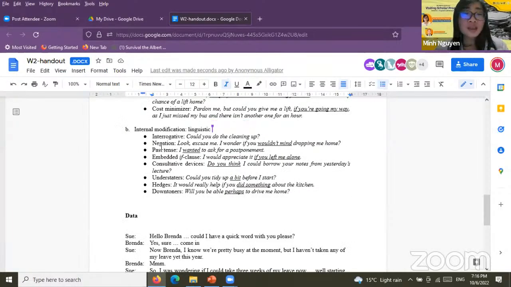You can also use negation. I'm not sure about Bahasa Indonesian, but in my language, we don't use negation in order to modify the request. But in English, it's very, very common. So you ask something like, if you wouldn't mind, or, I don't think that you would be kind enough to do something. Right? It sounds very weird in my language, but it's common in English, right?